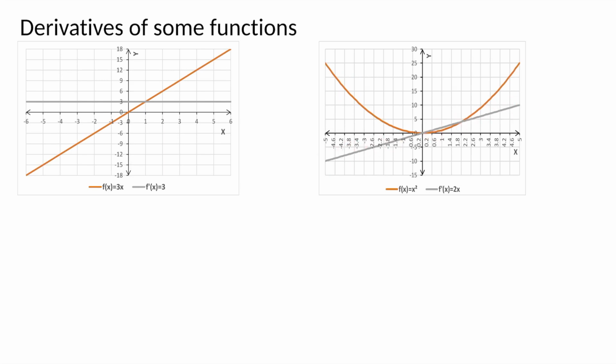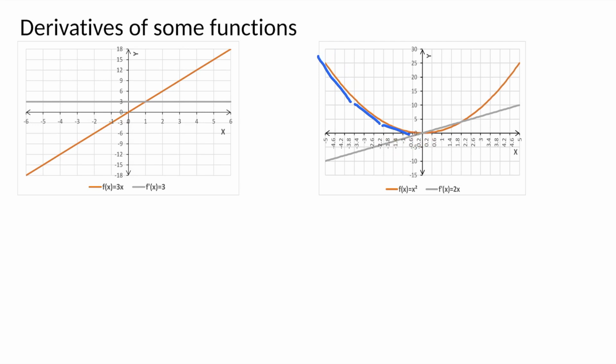And you can see here intuitively that in the orange curve on the negative x side, the slope of the tangent is always negative, and the slope becomes less negative as you move closer to 0, and that's what happens here. You see that this gray curve, which is the curve for the derivative, is negative for values of x less than 0, and it becomes less negative as we move close to 0.